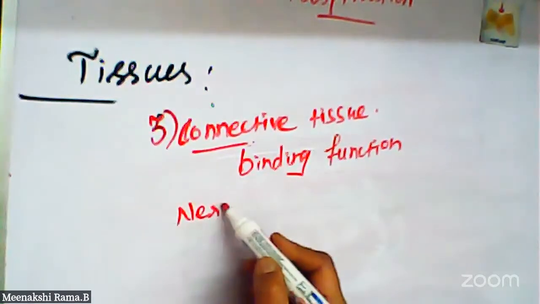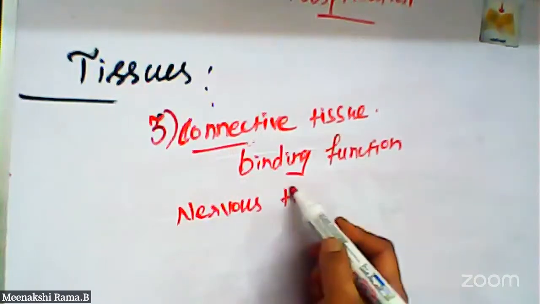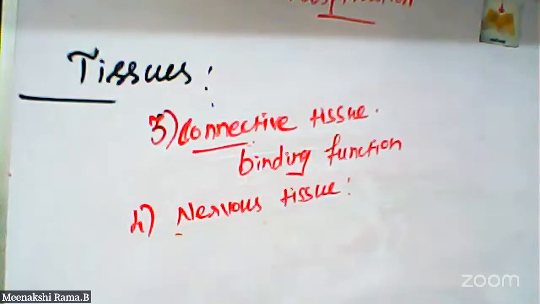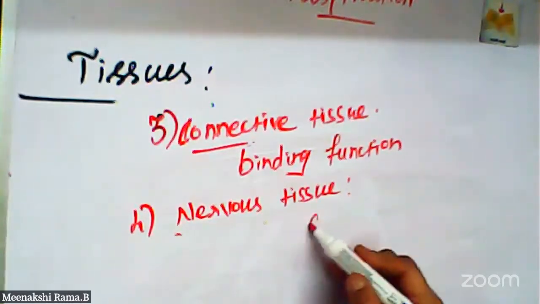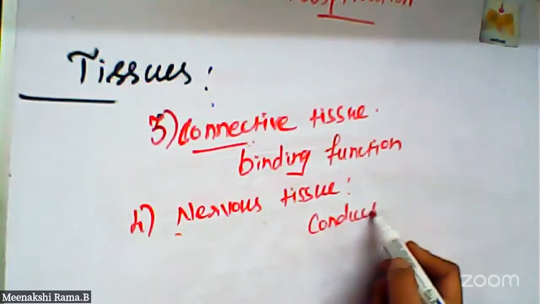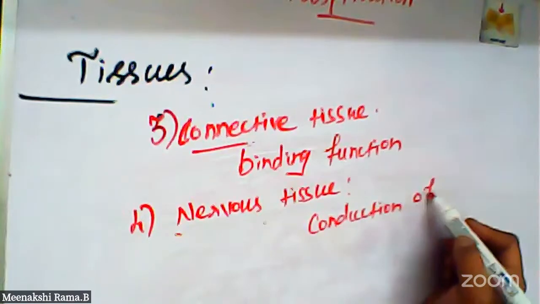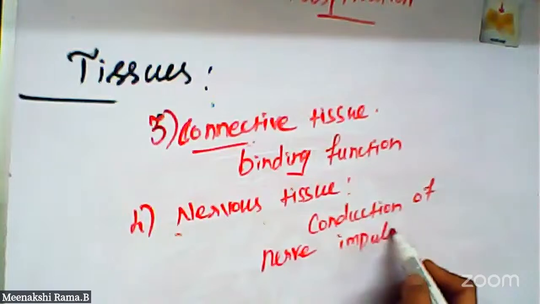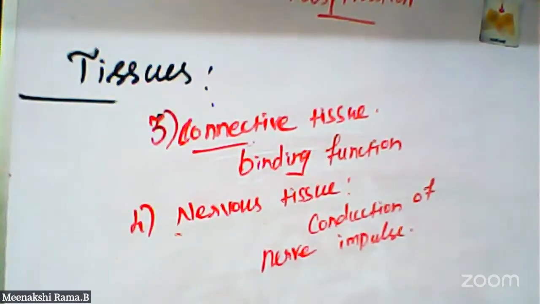The next one is nervous tissue, the fourth type of tissue. Nervous tissue is for the conduction of nerve impulses. There are different kinds of impulses we receive. We see a picture, learn the syllabus, hear music.